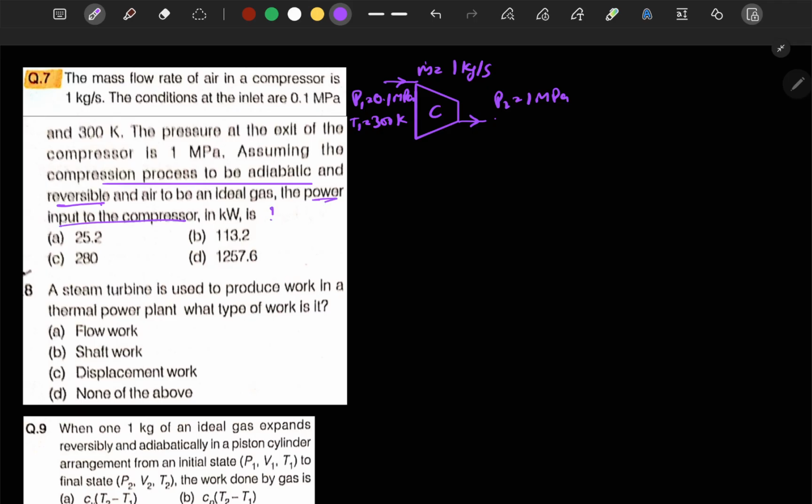So we have to first find T2. Since the process is adiabatic, we can directly use T2 by T1 is equal to P2 by P1 to the power gamma minus 1 by gamma. So P2 by P1 is 10 to the power 1.4 minus 1 upon 1.4. Let me calculate the value.